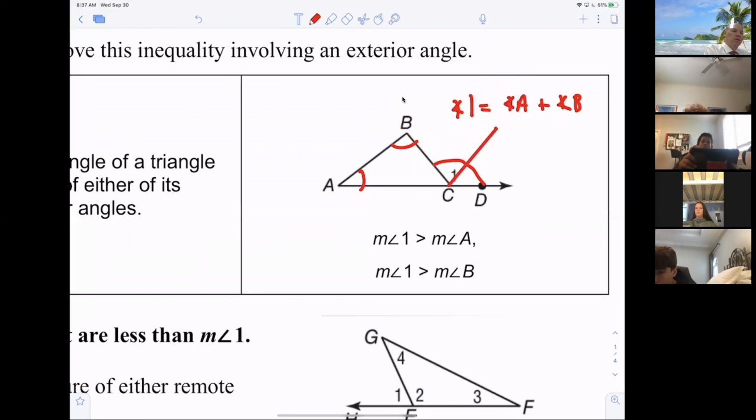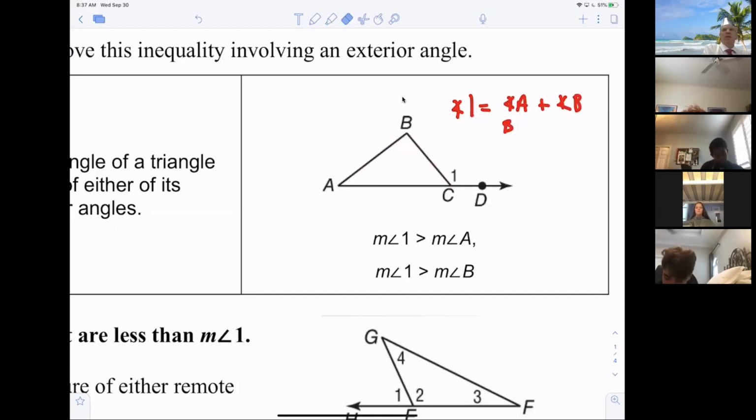I could have called this B. This could be the triangle. Does everybody see what I'm saying? This exterior angle now is not greater than this angle, right? So by looking at the picture, if I said, according to the picture, is BCD greater than BCA? Just by looking at it, you would say yes. But we haven't measured it, so we don't know.